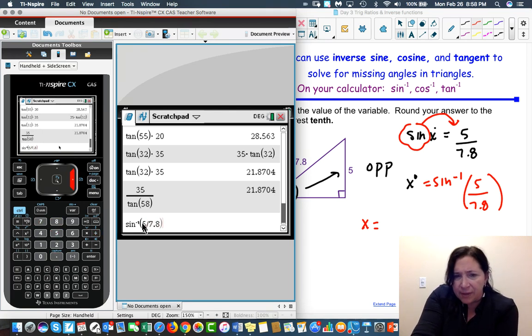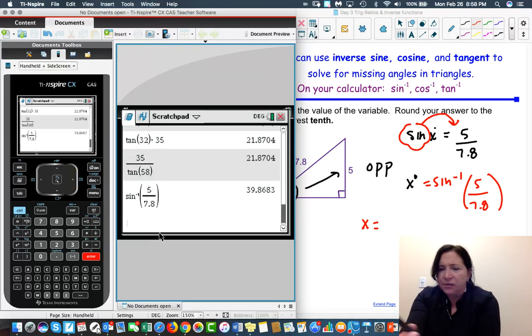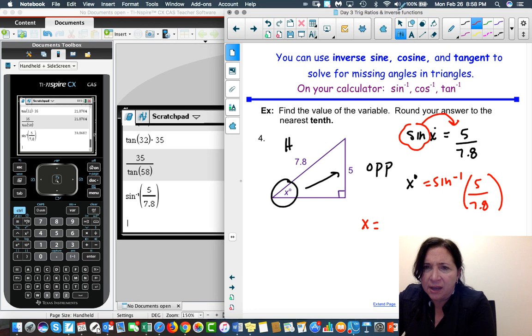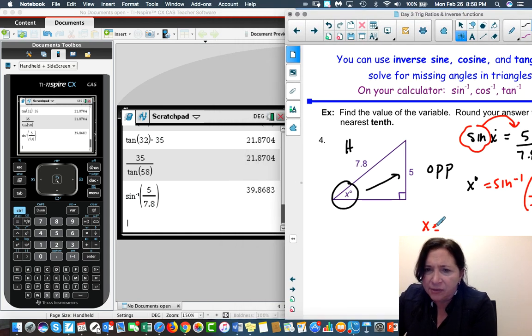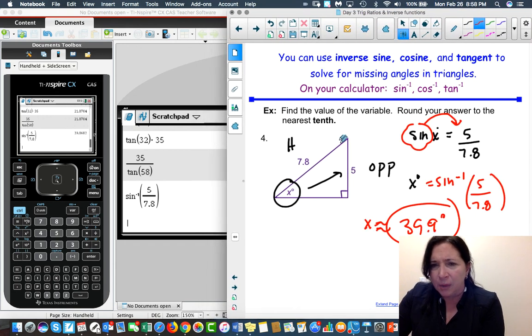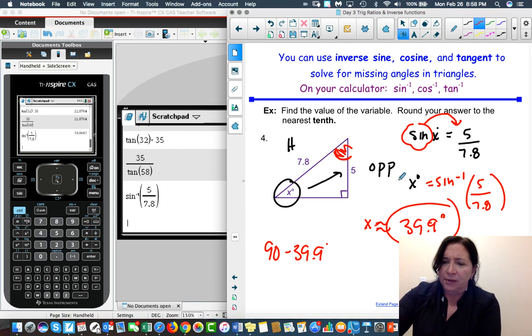If any of my questions have a decimal in it, all I have to do is press enter because it'll give me a decimal form. Because I am approximating, this is about 39.9 degrees. So x is about 39.9. And just so you know, had I wanted to find this other angle, I would just go 90 minus 39.9 degrees.